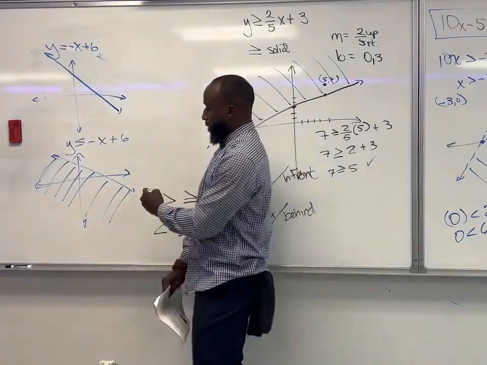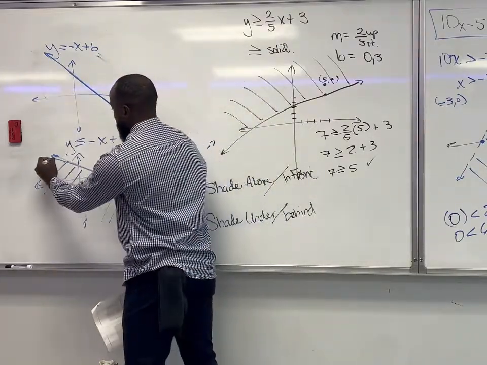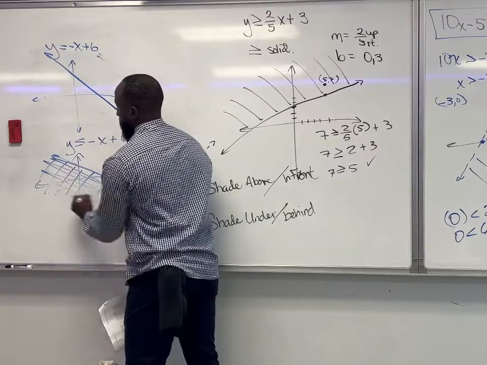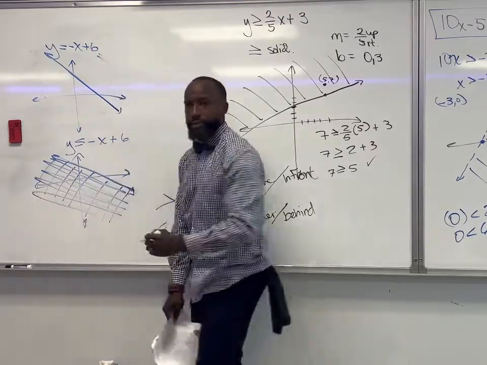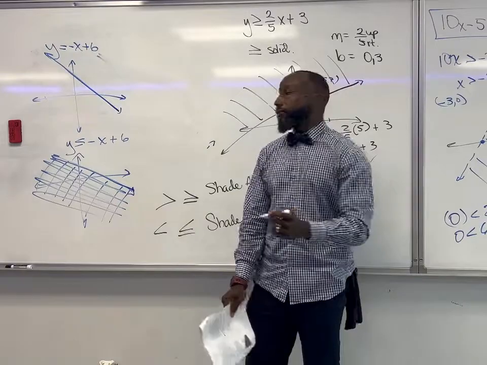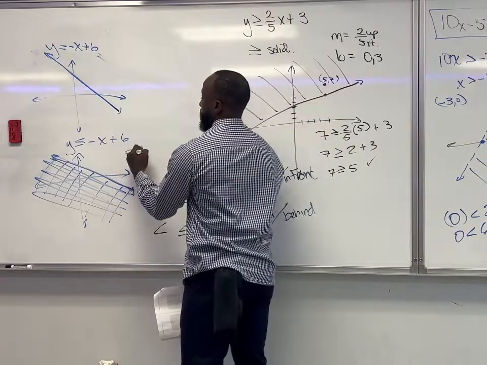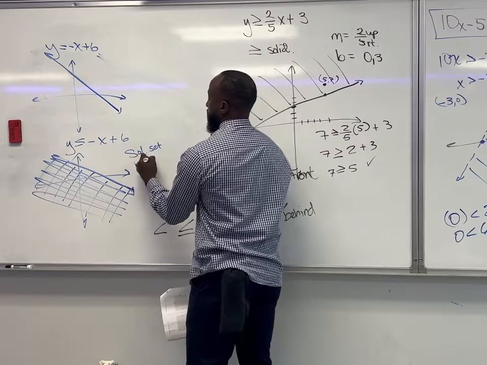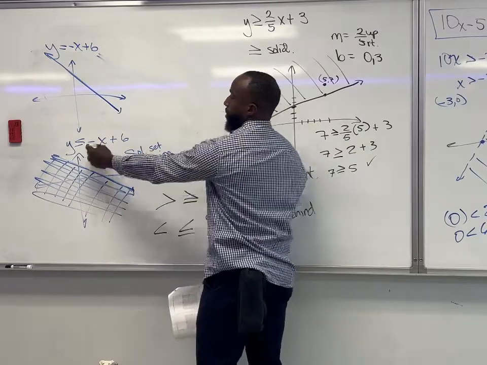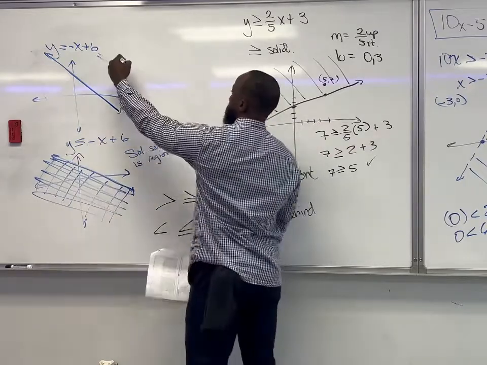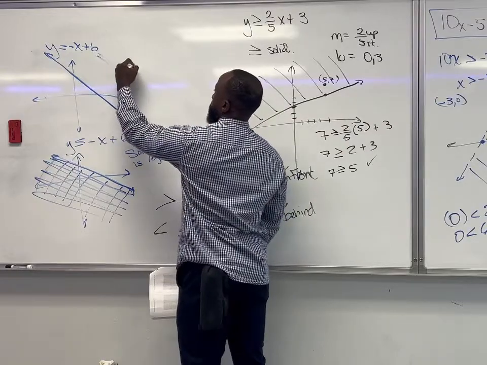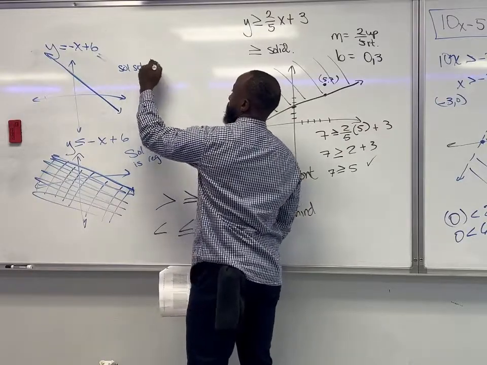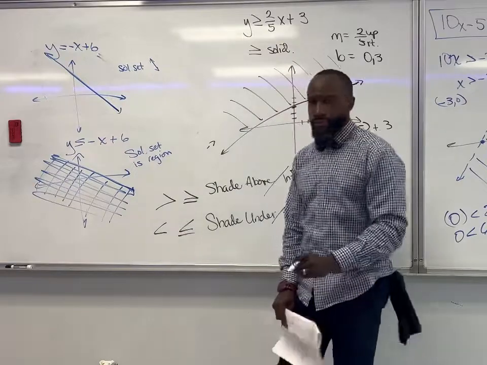And for this one, the solution is this line and all the lines underneath this line, right? So the solution set here is a region, because it's an inequality. And the solution set here is just a line, right?